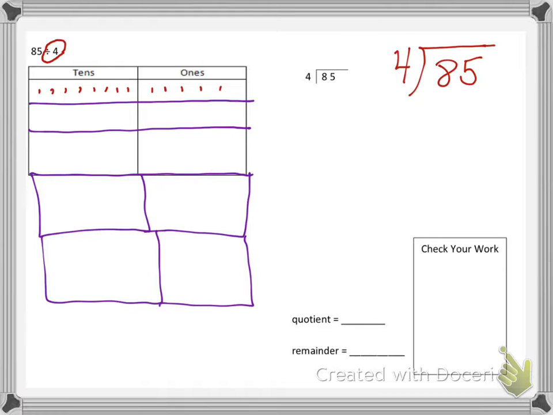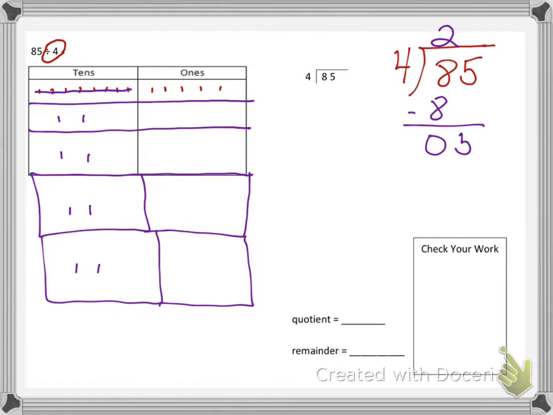We've got 1, 2, 3, 4, 5, 6, 7, 8. So we've got 2 in each of the 4 groups. So we used up all of our 8 tens. So let's put that over here in our standard. So we got 2 times 4, we got 8, and we used up our tens.